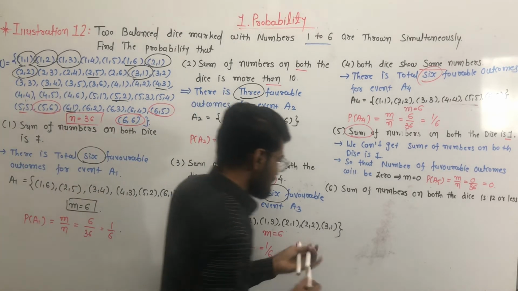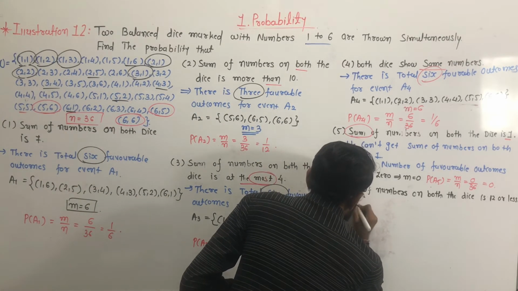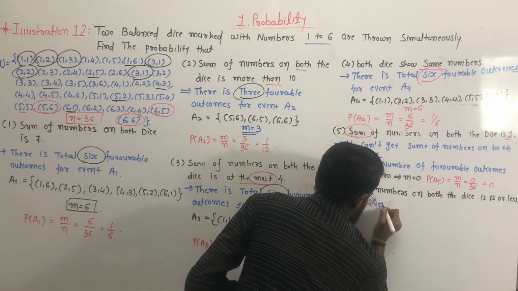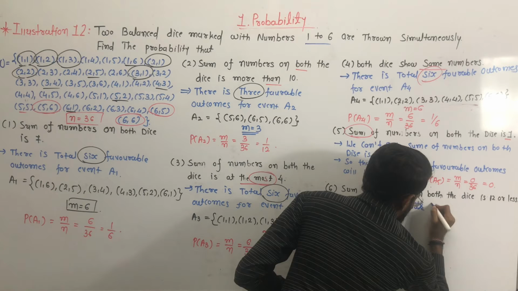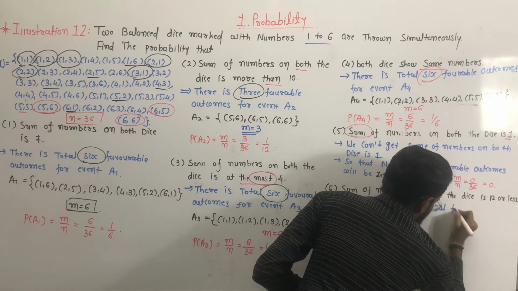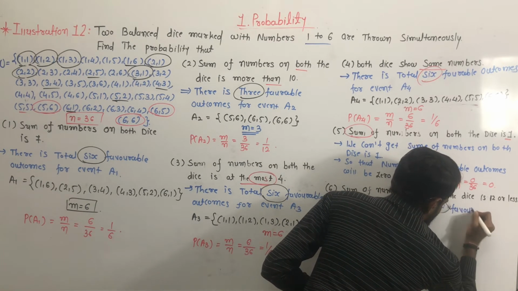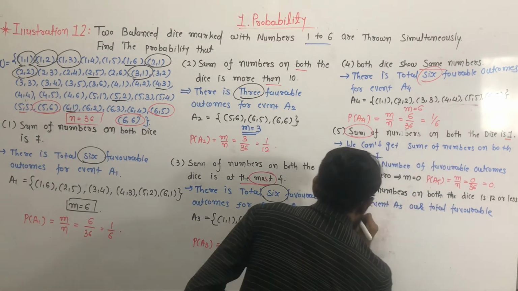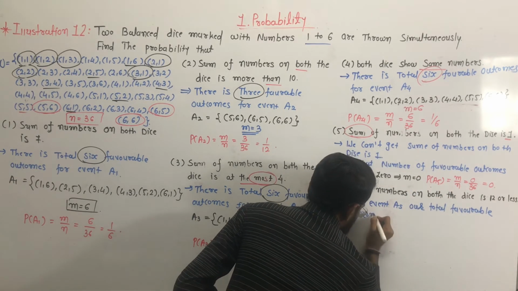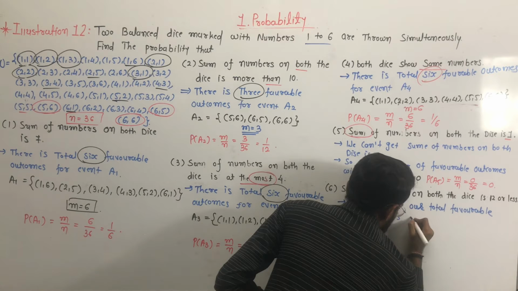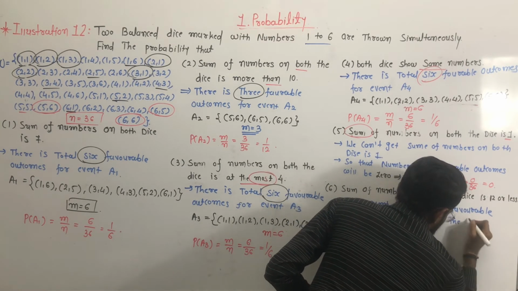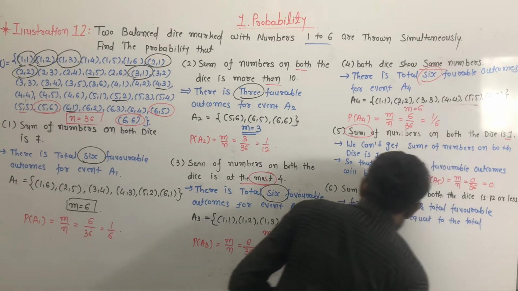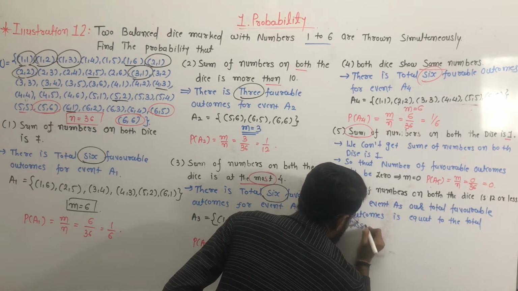So in this case for event A6, our total favorable outcomes are equal to the total possible outcomes.